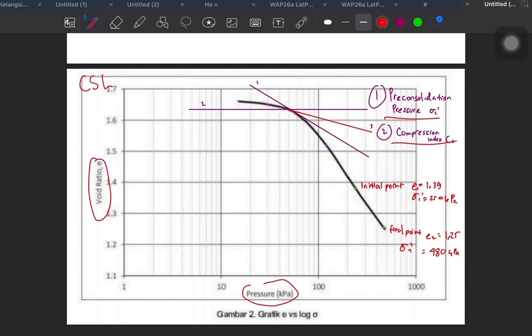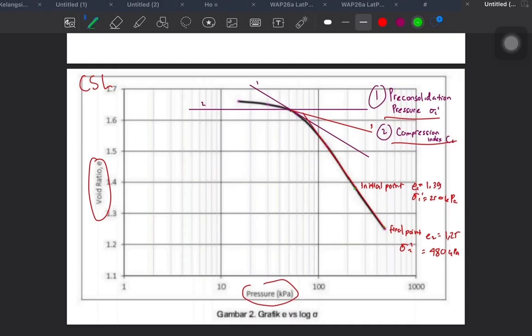Next, you can draw a straight line from the high pressure line upward until it meets the angle bisector. You will get the intersection between those lines. That intersection is the pre-consolidation pressure.